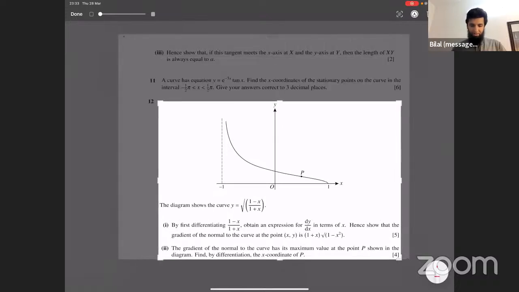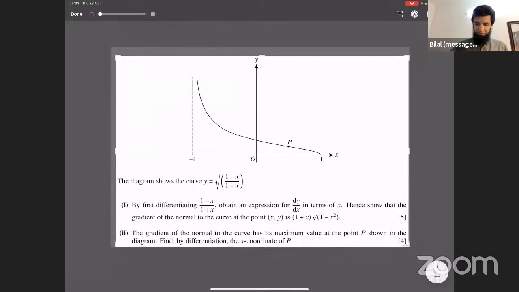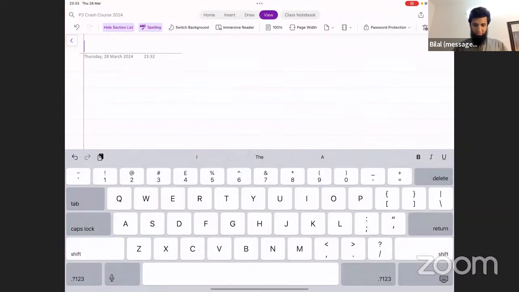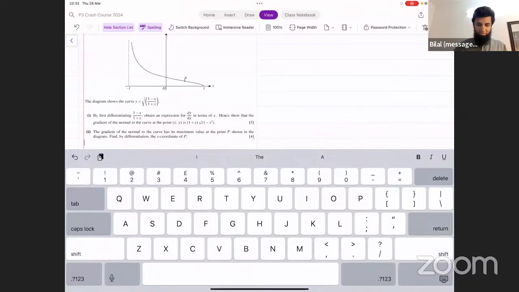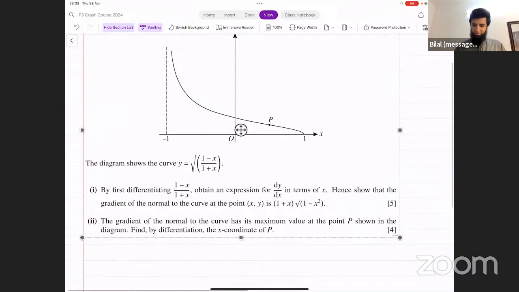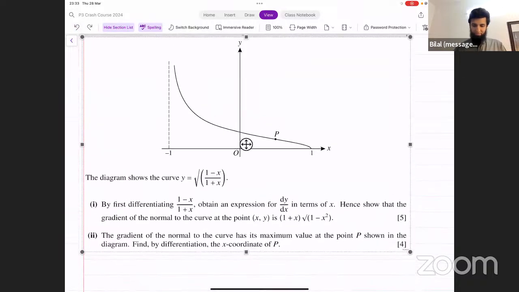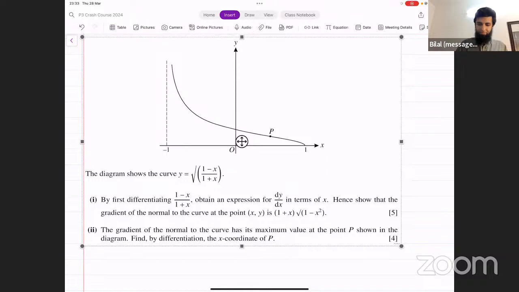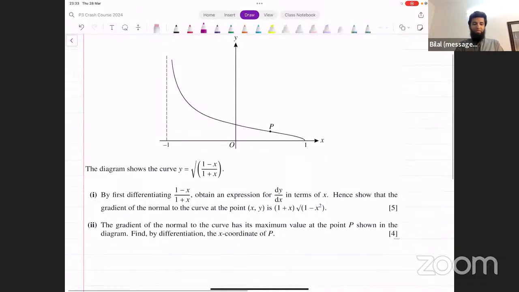Now, again, it's a relatively complicated one. Okay, so we have this diagram that shows the curve y equals square root of 1 minus x divided by 1 plus x.